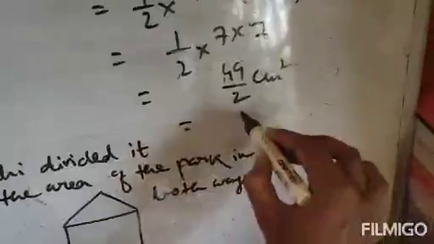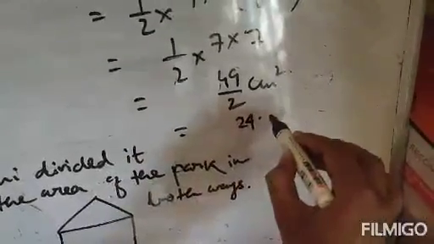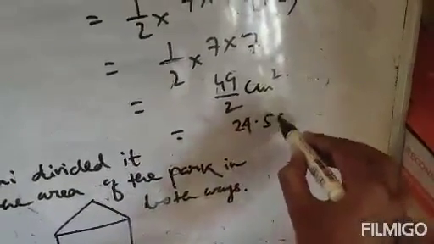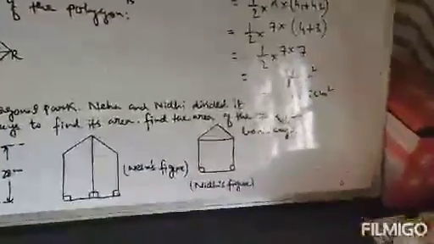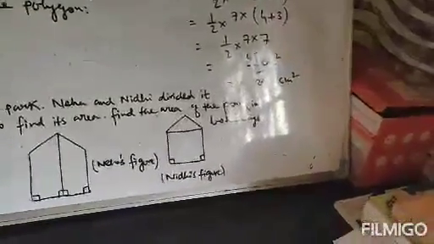Dividing, 2 2s are 4, 2 4s are 8, then 10, 2 5s are 10. So 24.5 centimeter square will be the answer. Next.